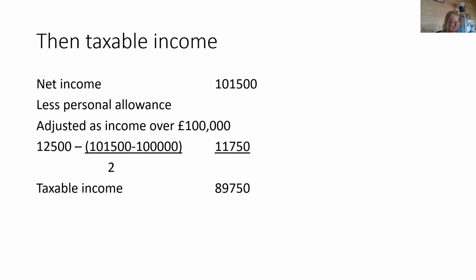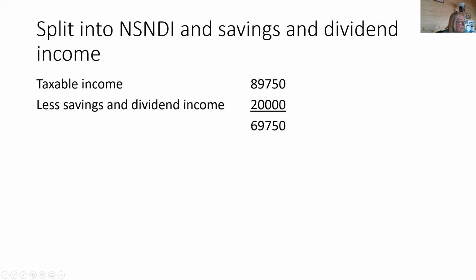That means that his taxable income is £89,750. The next thing that we have to do is split that into non-savings, non-dividend income, and savings and dividend income. And here, he doesn't have any interest income in this question. He's only got dividend income.